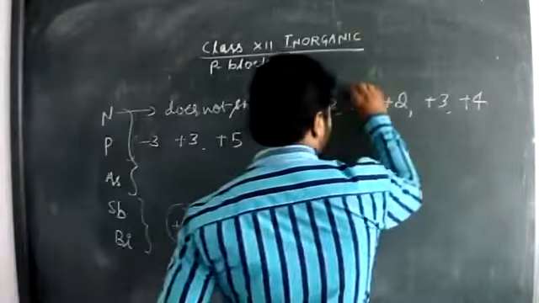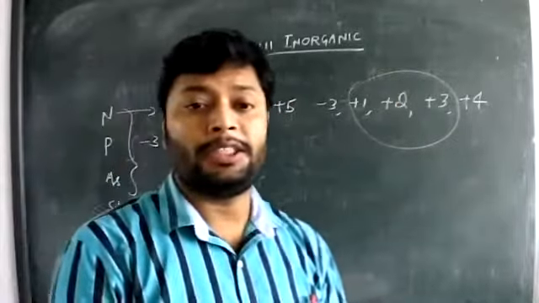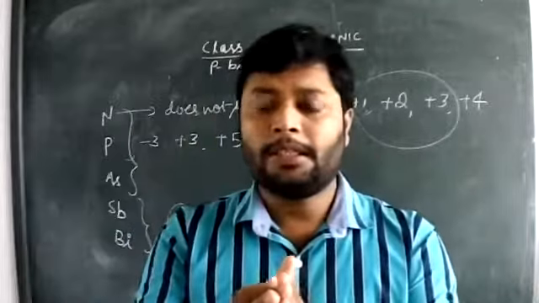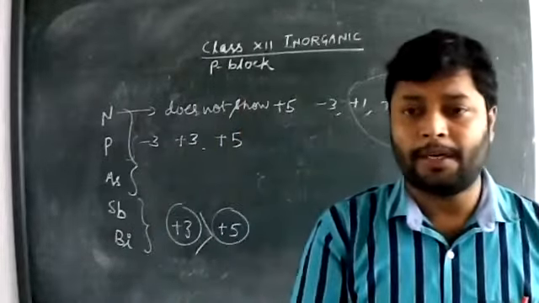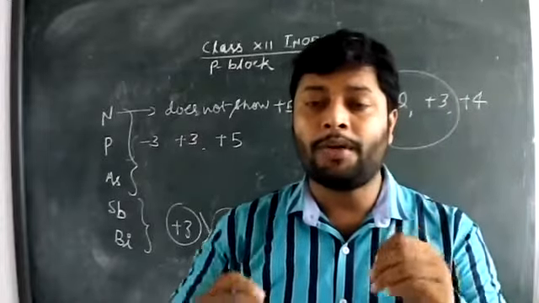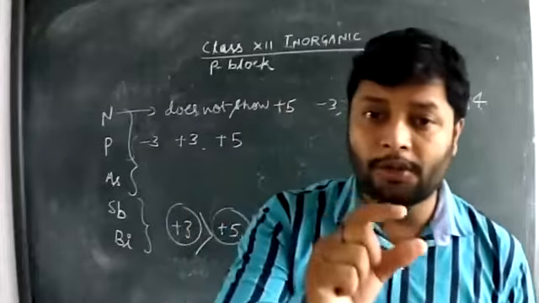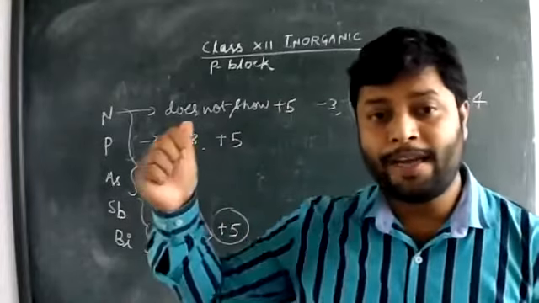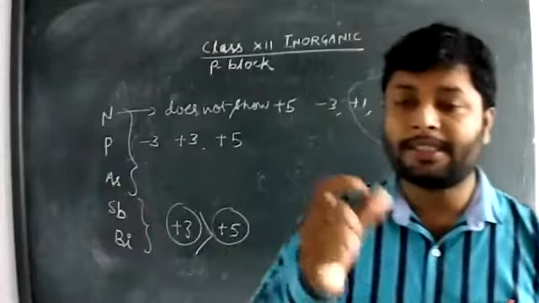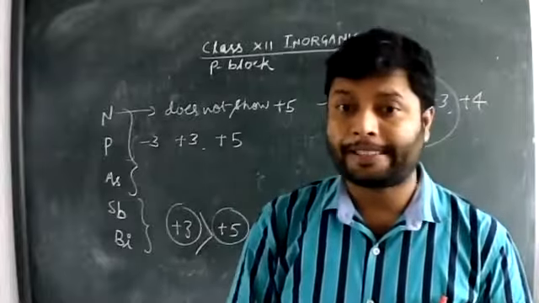These are called intermediate oxidation numbers. If an element has some stable oxidation numbers along with intermediate oxidation numbers, the element always goes for disproportionation in its intermediate oxidation number. In the same way, for nitrogen or phosphorus, the intermediate oxidation numbers undergo disproportionation in their reactions.